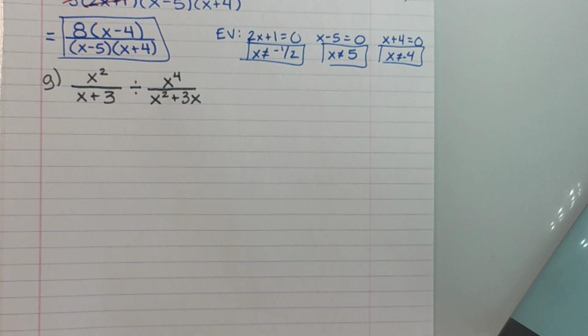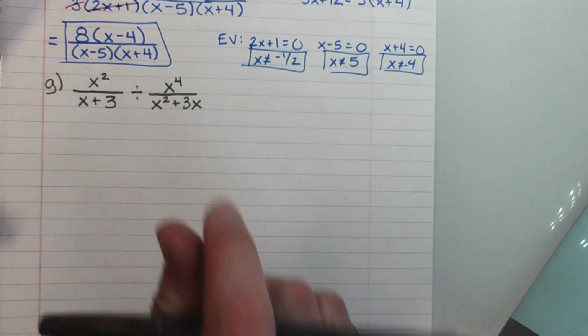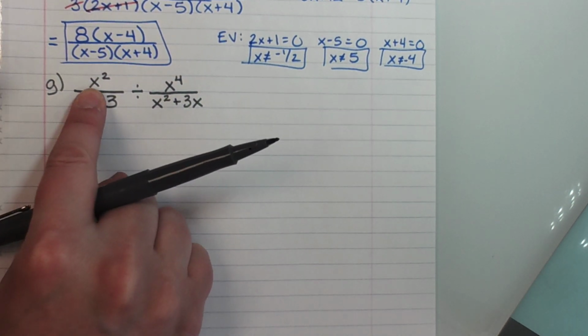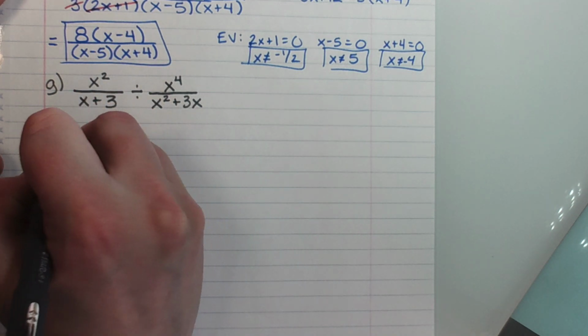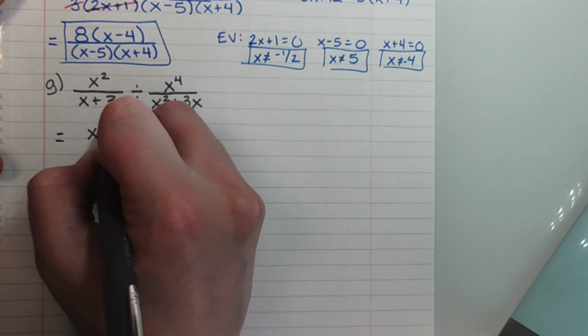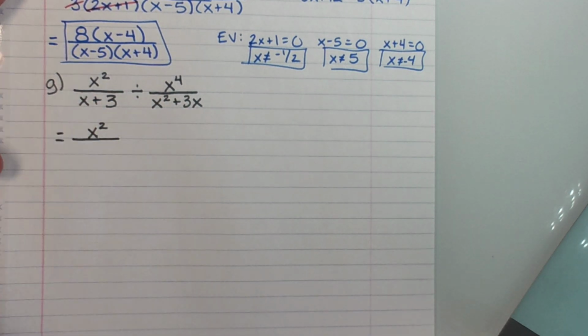Not all fractions are pure monomial or pure polynomial. Some of them have monomials and polynomials, like these ones. If it doesn't have a plus or a minus, you cannot factor that piece. So that x squared is going to just stay x squared.